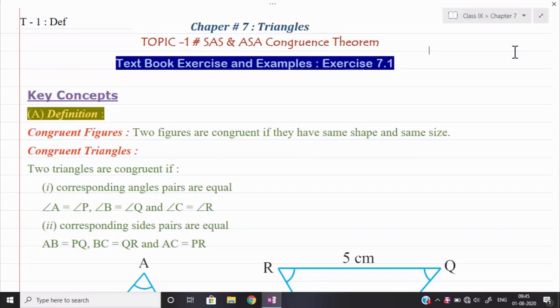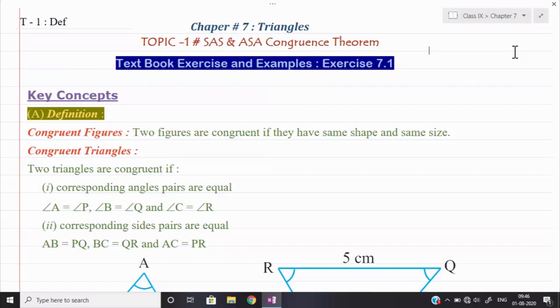First of all, see what topics we have in triangles. I am not going to discuss the types of triangles, since you already know there are different kinds like isosceles triangle, right angle triangle, equilateral triangle, obtuse angle triangle, and acute angle triangle.